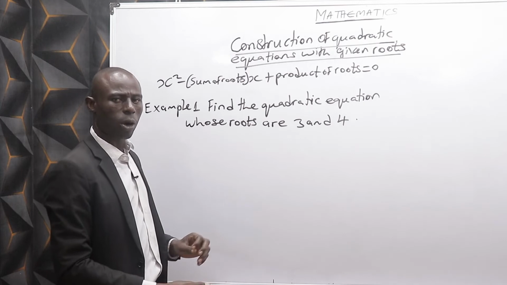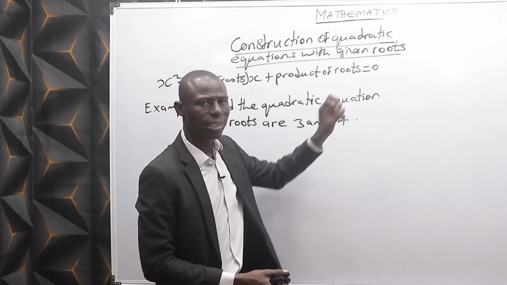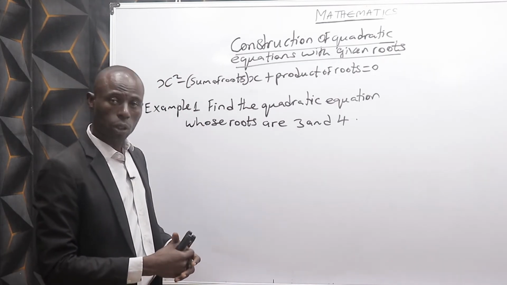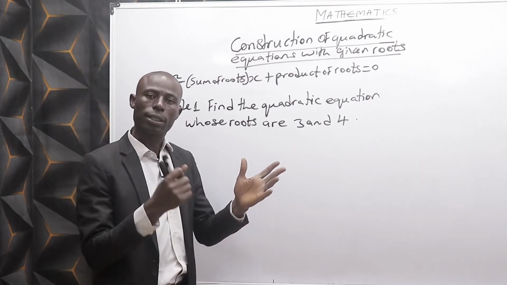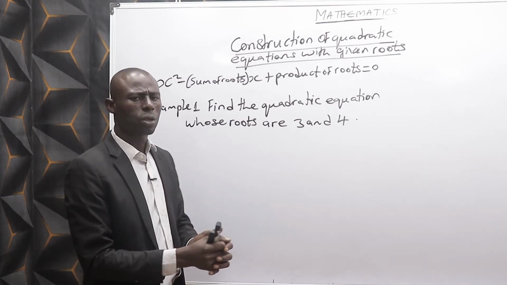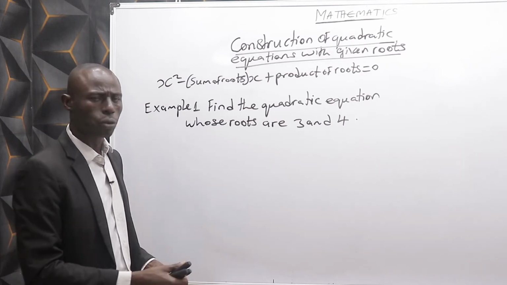Whatever the format of the quadratic equation, this standard form will capture everything and give you the quadratic equation you need. Only that the two roots must be given to you. Once you have the two roots, then you are good to form the quadratic equation that has the two roots.